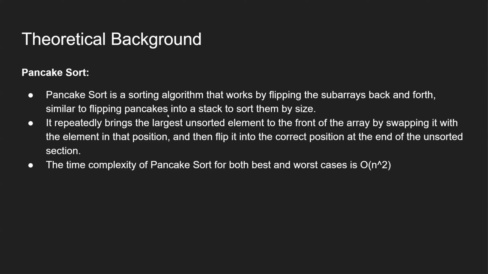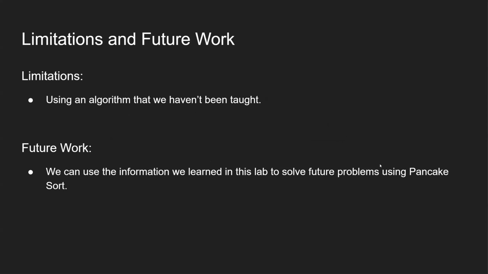It repeatedly brings the largest unsorted element to the front of the array, and then flips it into the correct position, which is at the end of the unsorted section of the array. After solving it, you learn that the time complexity of pancake sort for both best and worst cases is big O of n squared.